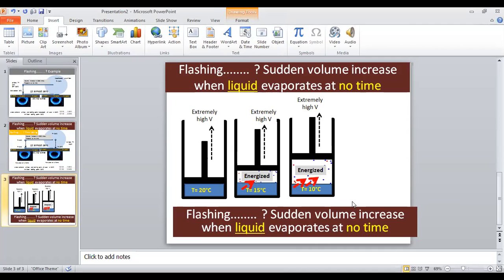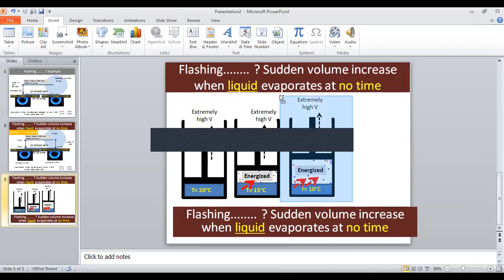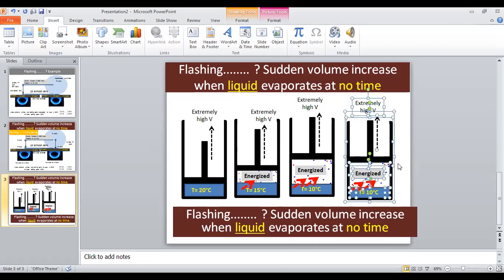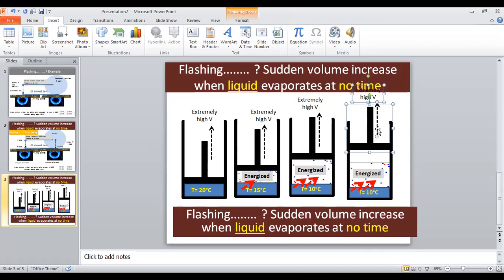And if this moves further, more space is occupied, of course, by molecules from the liquid.